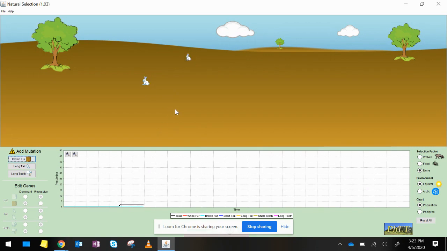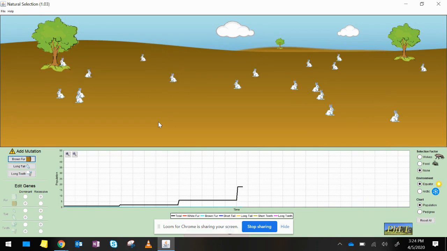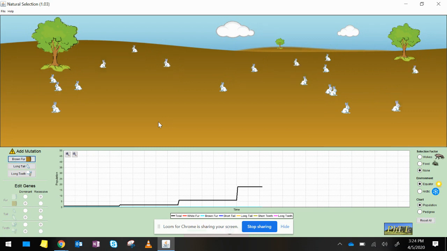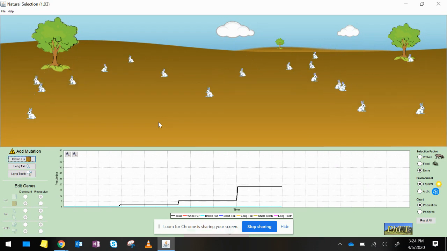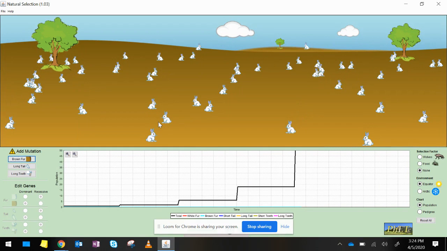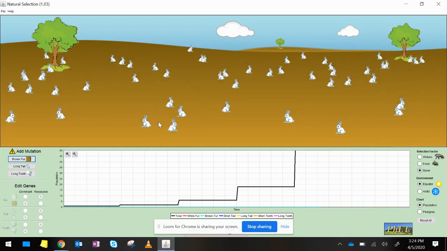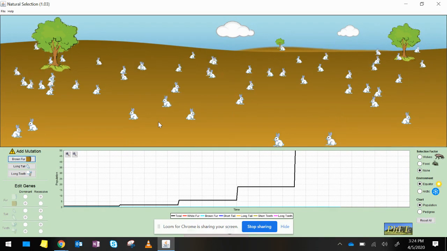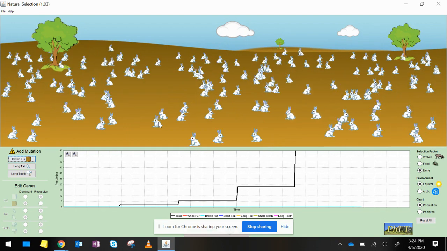Rabbits are going to have large numbers. There's going to be overproduction. I'm just going to let this play out. If I let the rabbits go, there are going to be a lot of rabbits. They reproduce at a fast rate, and they have a lot of offspring. This is what we would consider overproduction.